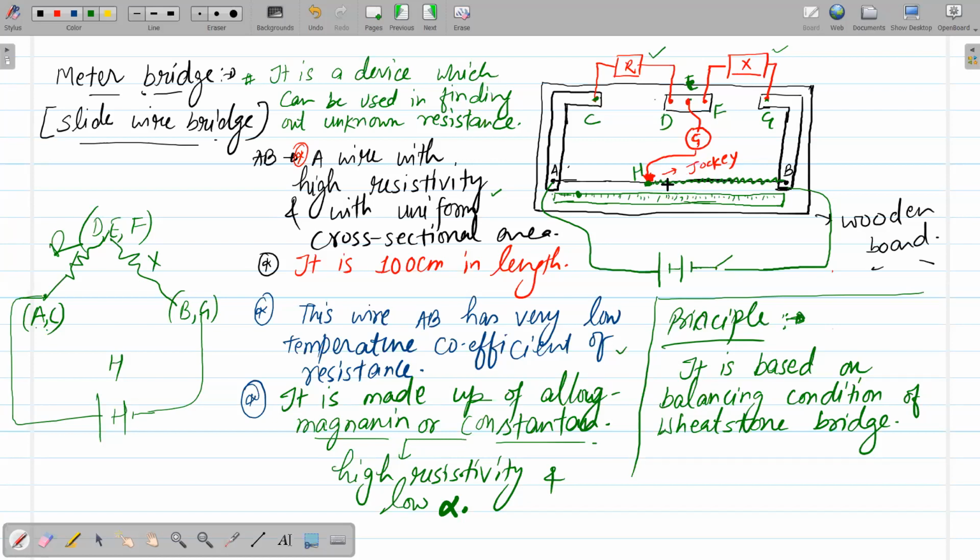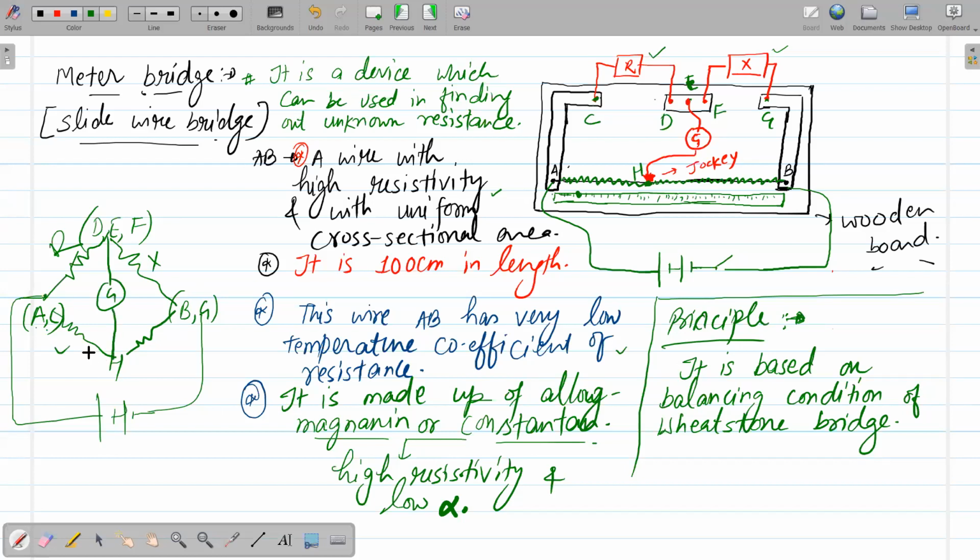In between B and H there must be some good resistance, so let's connect B and H by this resistance, and same will be with A and H. In between A and H there must also be good resistance. So let me represent this part like this. Now you can see that points E and H are connected with the galvanometer. So E is here, H is here with the galvanometer like this.